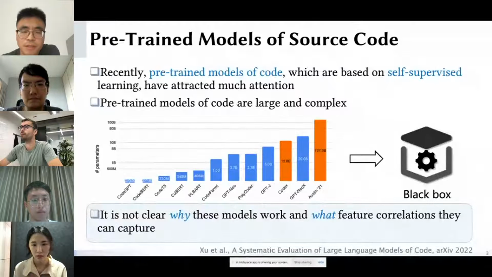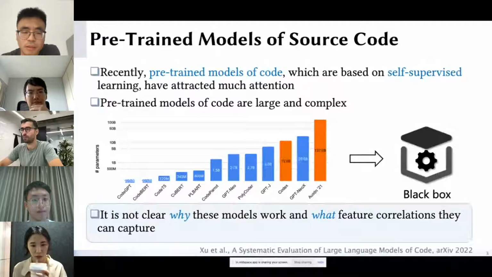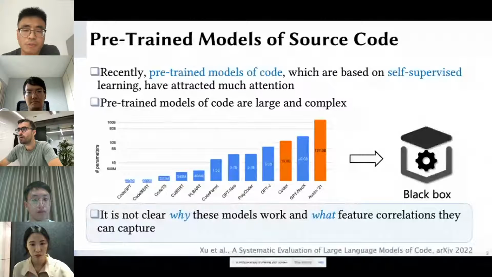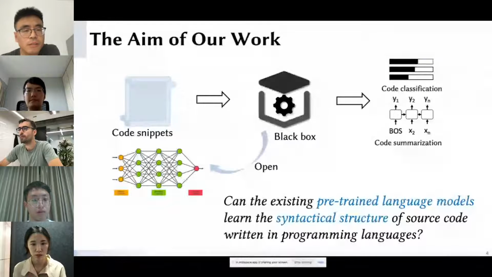From our investigation, current studies only explore in which scenarios the model works, and it is still not clear why it works and what code correlations they can capture. So this motivates our work.